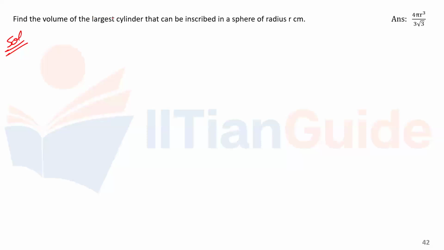But anyway, find the volume of the largest cylinder that can be inscribed in a sphere of the radius r. Okay, we are having a sphere. Its radius he has given is small r. Okay, this is a sphere. It is not a circle. First thing, radius small r is a constant. Sphere is given to us. We can make number of the cylinder inside the sphere, but we need to prove that the volume is maximum.